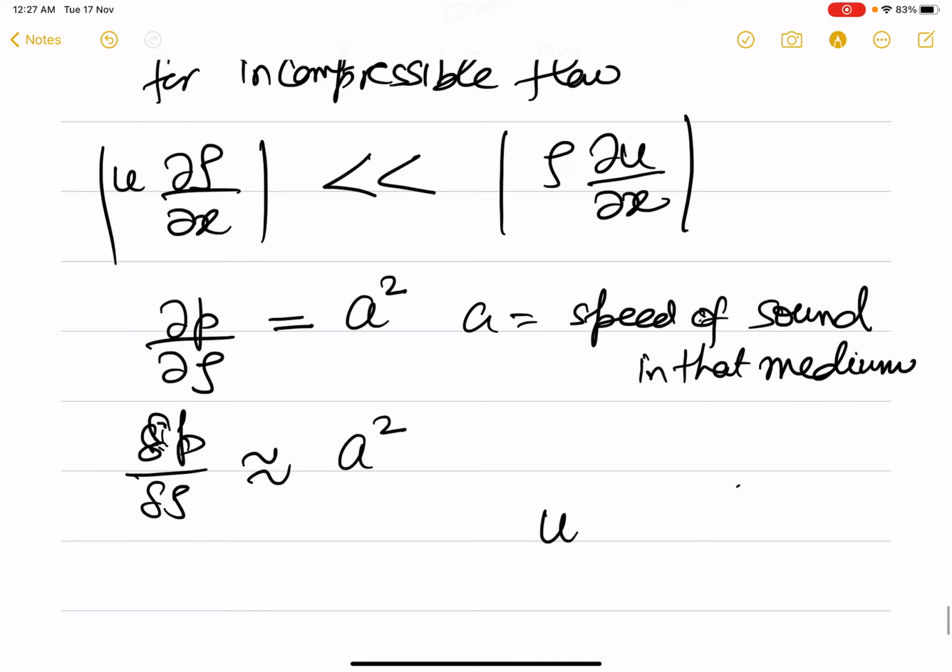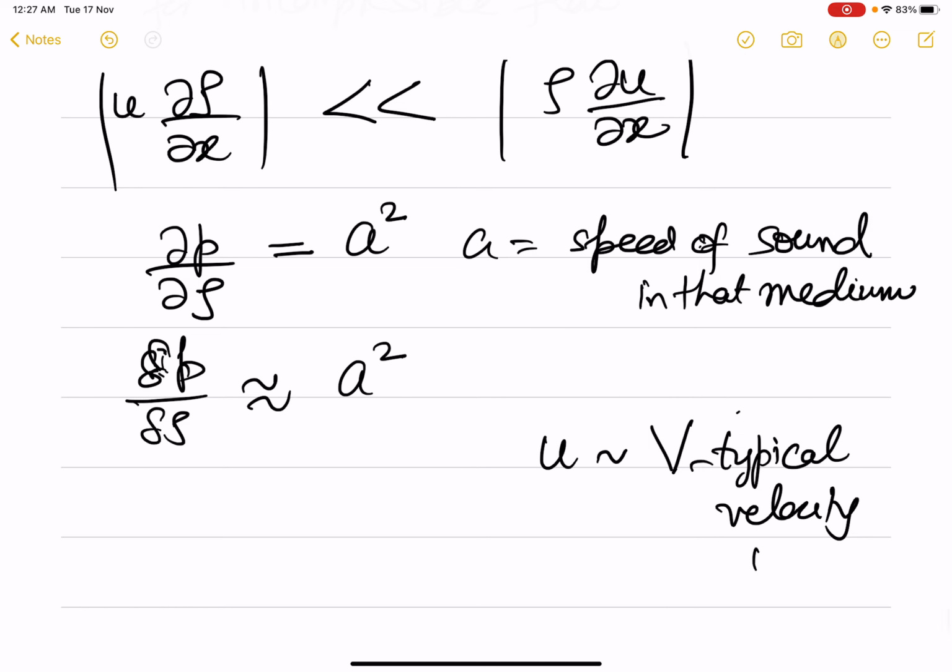Now u which we had here, let us say, is of the order of velocity v, which is a typical velocity in the flow. We will be doing such order of magnitude analysis. It may look very crude now, but it will give us some estimates.